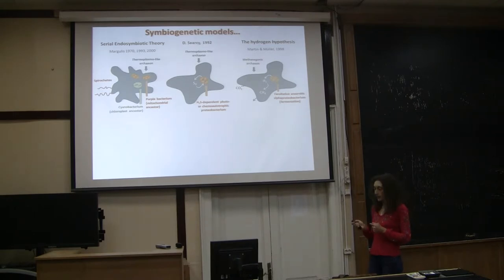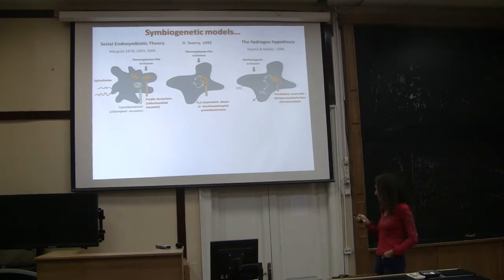In the case of the hydrogen hypothesis, that is very well known in general, proposed by Bill Martin and Miklos Müller in 1998, the host would be a methanogenic archaeon, and the ancestor of mitochondria, an alpha proteobacteria, and the relationship would be mediated not by sulfur transfer, but by hydrogen transfer.